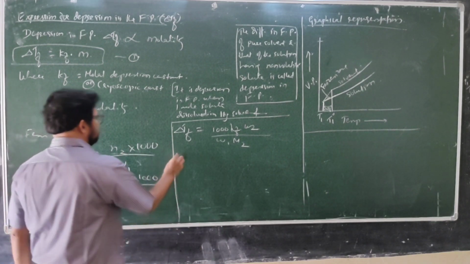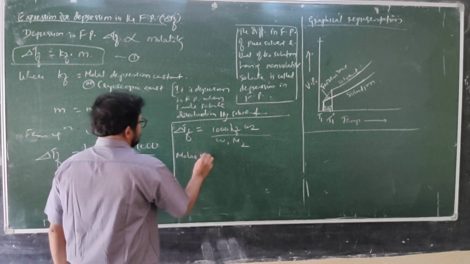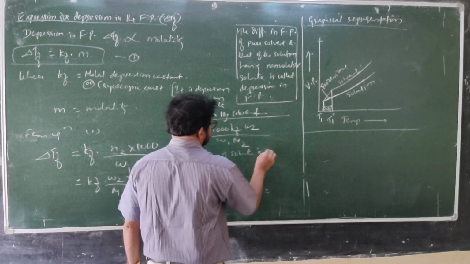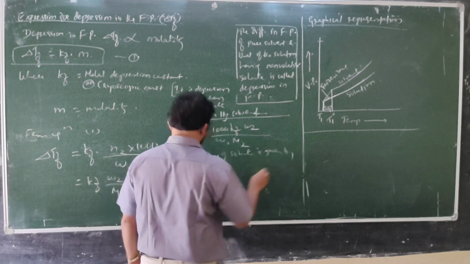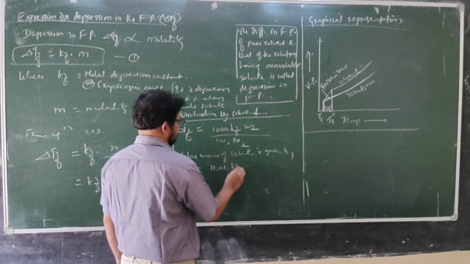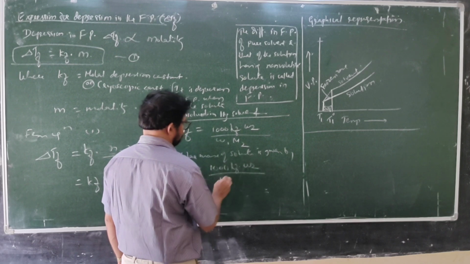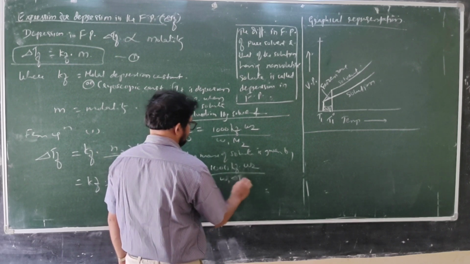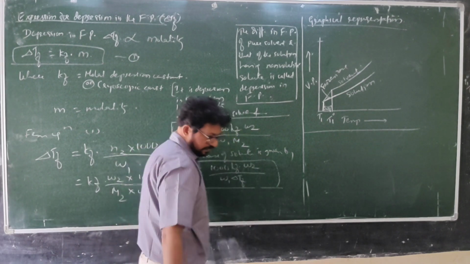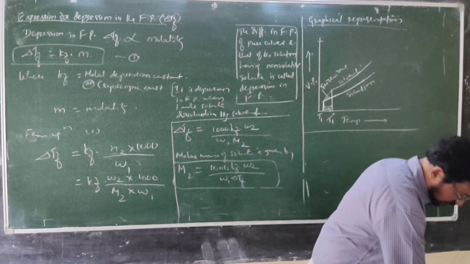Molar mass of solute is given by M2 equal to 1000 Kf into W2 divided by W1 into delta Tf.